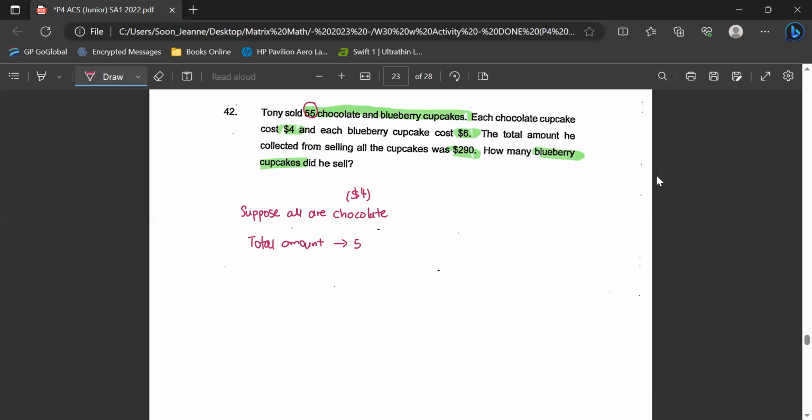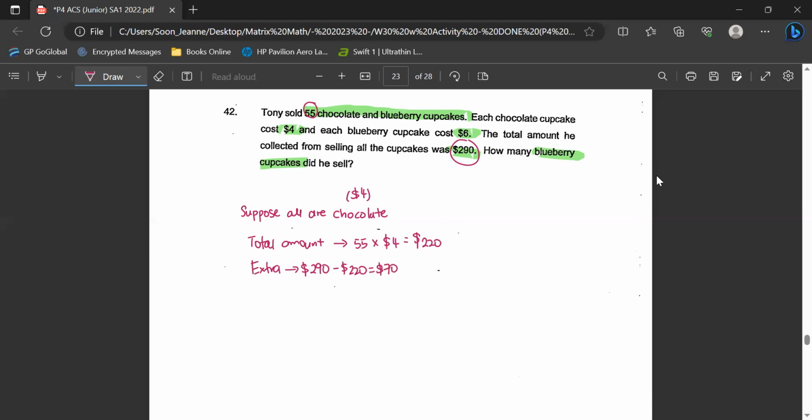So 55, each chocolate is $4, right? So it times 4, which is a total of 220. But then if you read your question, the total amount Tony collected wasn't 220. It was actually 290. So there is an extra amount that we need to find. We take 290 minus 220, which is $70.